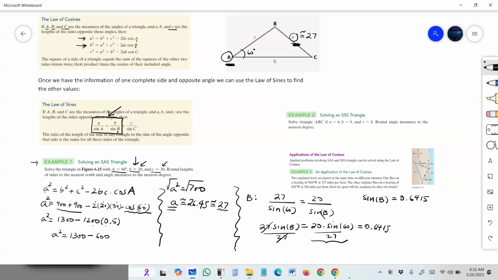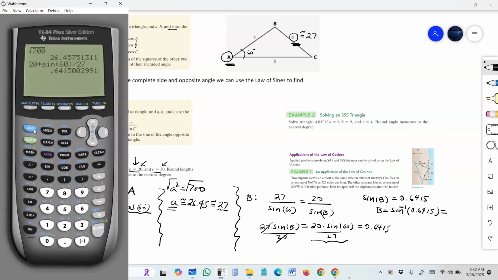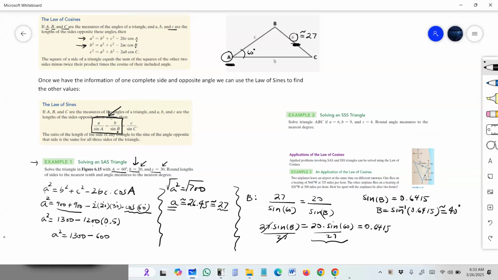Now remember how we solve this? This is the inverse property. So B is sine inverse of 0.6415. And obviously I need the calculator for that as well. So I'm going to press second sine for sine inverse, 0.6415, and that should give me the B angle. So 39.9, so I'm going to say approximately 40 degrees.